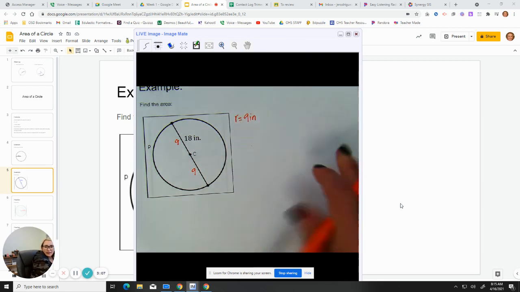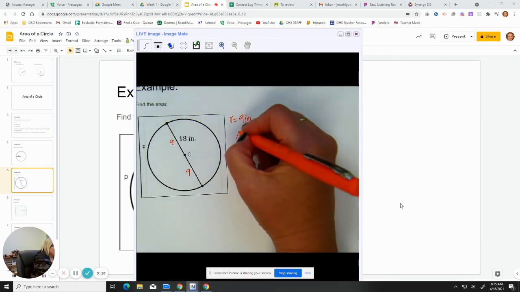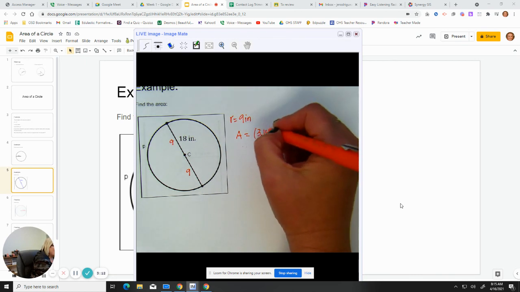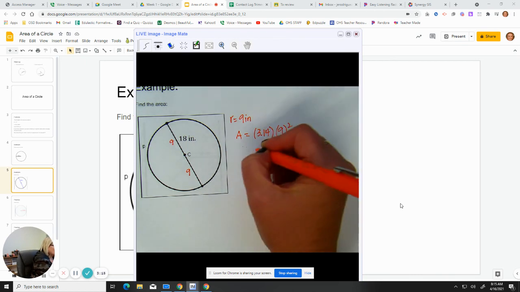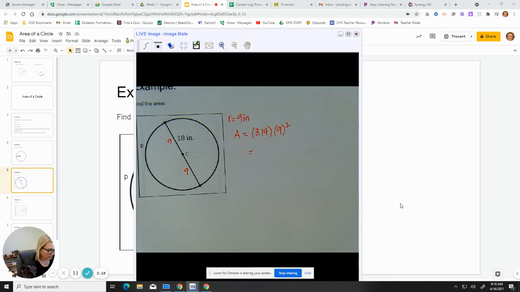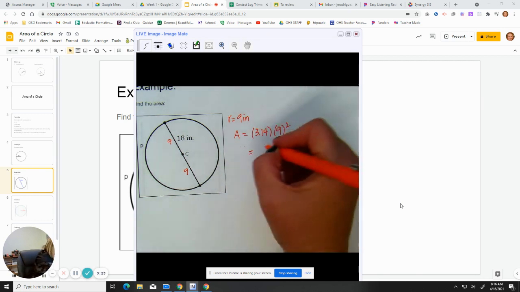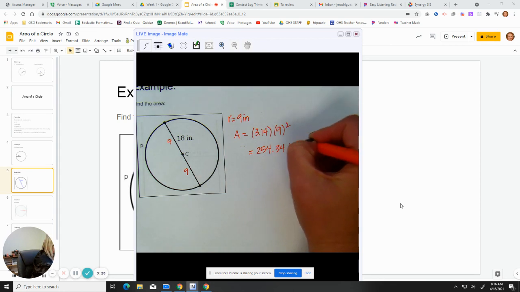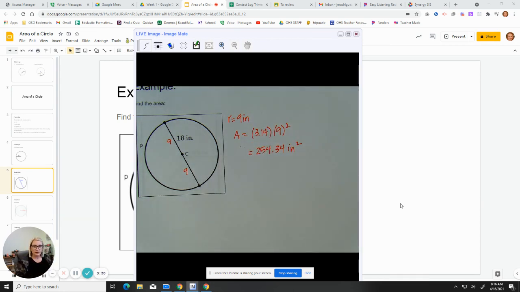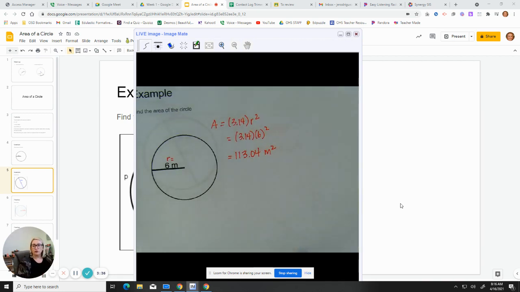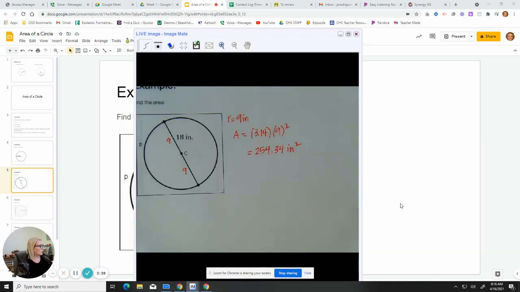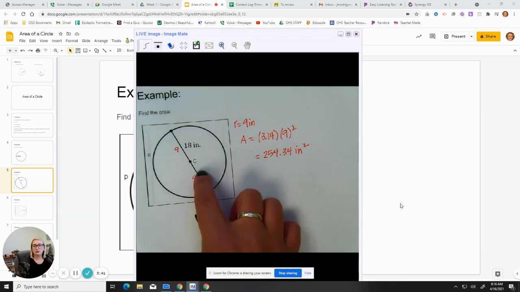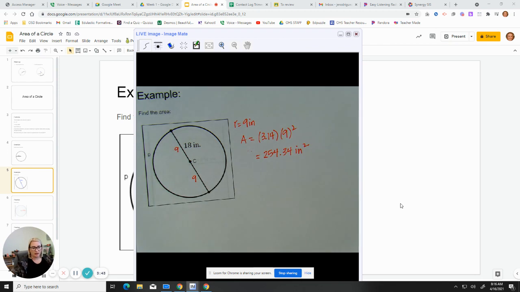Then it is literally just plugging in 3.14 times 9 squared, which gives 254.34 inches squared. So with a radius, you don't have to do anything other than plug it in. With a diameter, we have to divide by 2 to find our radius first and then plug it in.